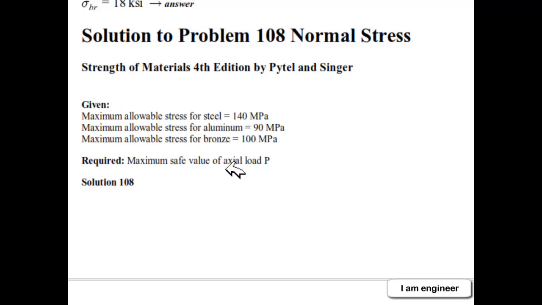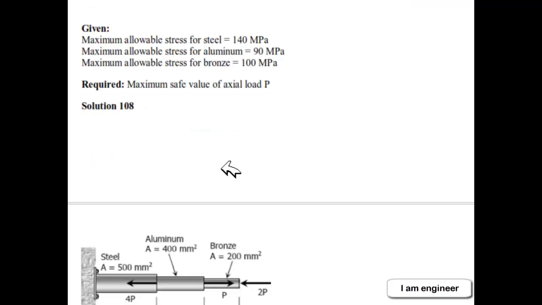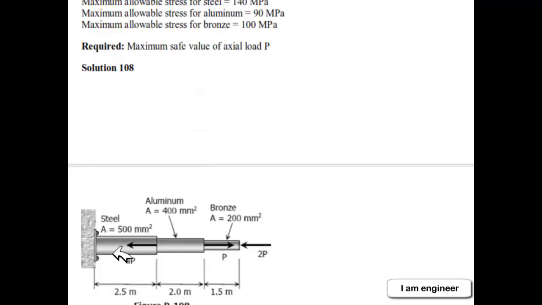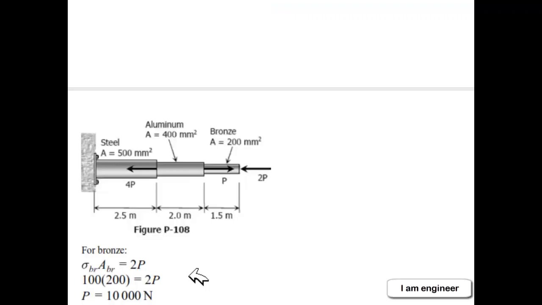What you need to find out is the maximum safe value of axial load P. This is your diagram, what we call a free body diagram. All the things are mentioned here, and what you need to do is find out P, which is pretty easy.